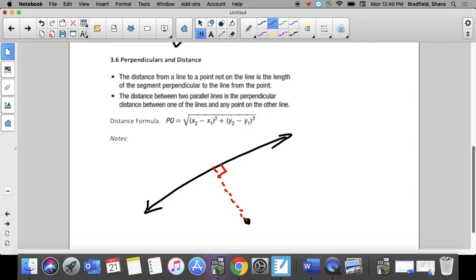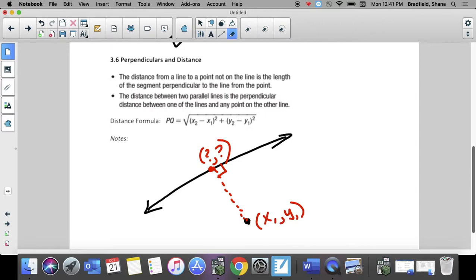The shortest path from the point to the line is considered the distance. So we would want to know, well, what is this point? If we're looking on a coordinate plane, what is the point that we're given? Put some coordinates here. And then we would use the distance formula to find that distance.